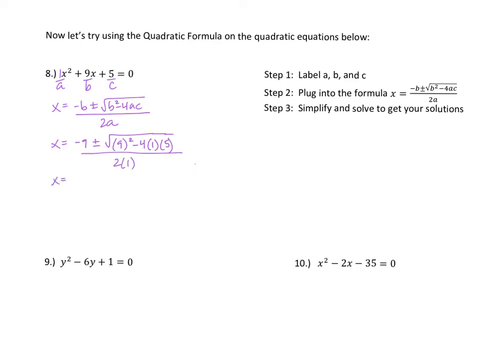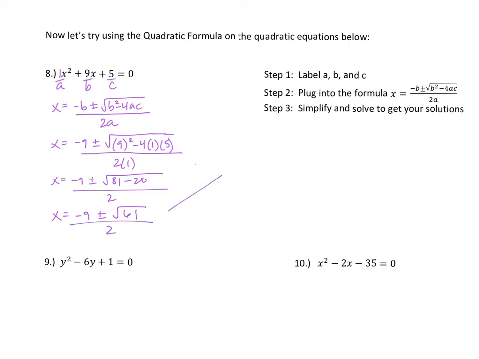Let's simplify this. Negative 9 plus or minus the square root of 81 minus 20 all over 2. Let's keep going. Negative 9 plus or minus the square root of 61 all over 2.